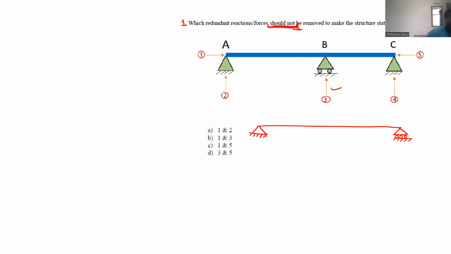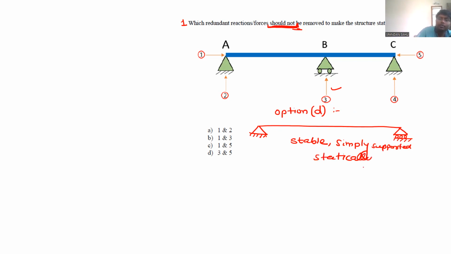So is it not statically determined? It is stable also. It is a simply supported beam. So option D can't be the option.